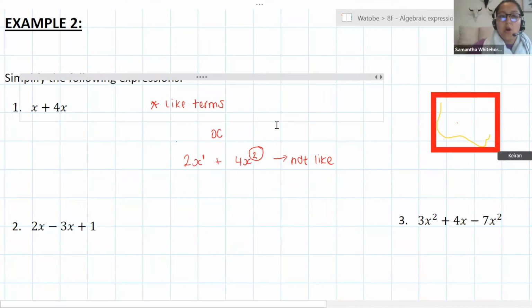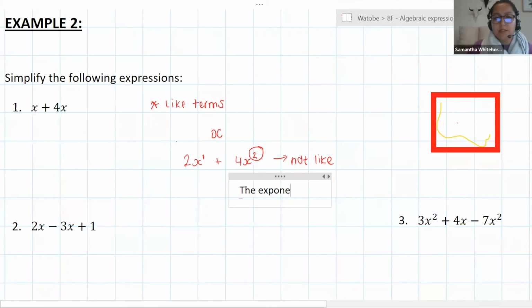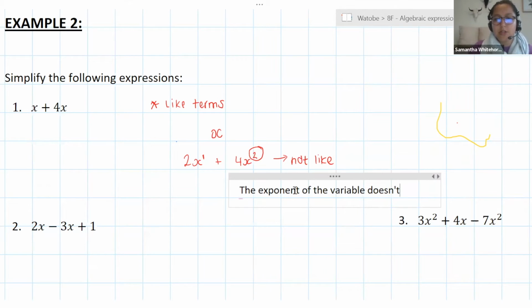Just for the sake of saving some time here, I'm going to type it out. So the exponent of the variable doesn't change when we add or subtract.